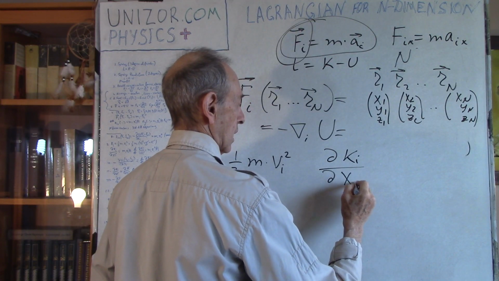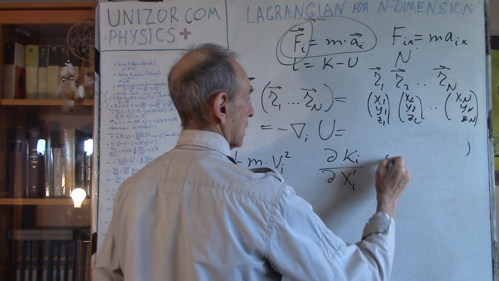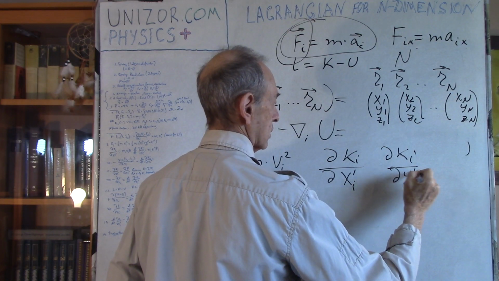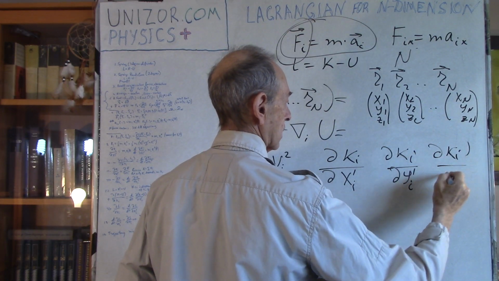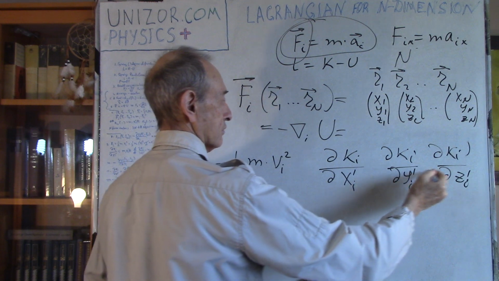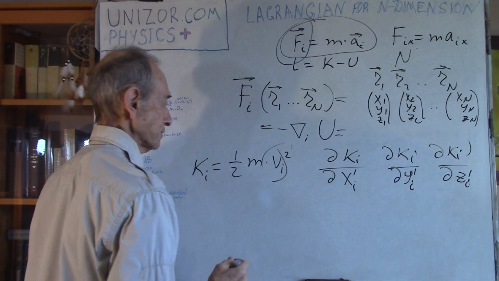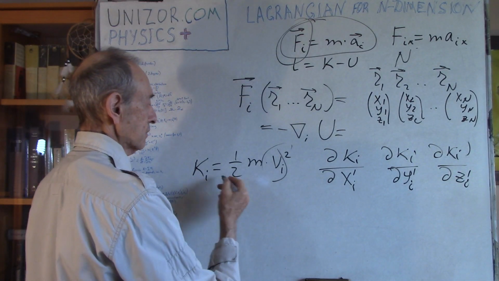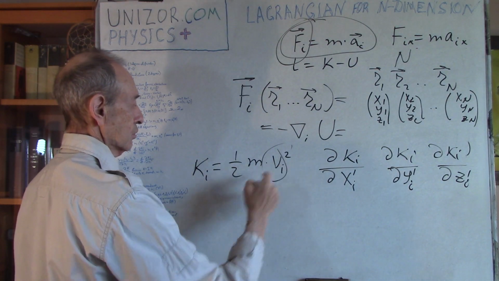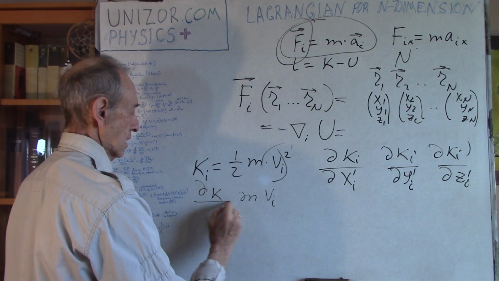I can do it by x_i derivative, and correspondingly K_i by y_i derivative, and K_i by z_i derivative. So x derivative, y derivative, and z derivative are components of speed, right? Alright, so what will it be if I differentiate this by v? Well, that would be 1/2, and then 2, it would be m v_i, right? So this is dK by dv_i.